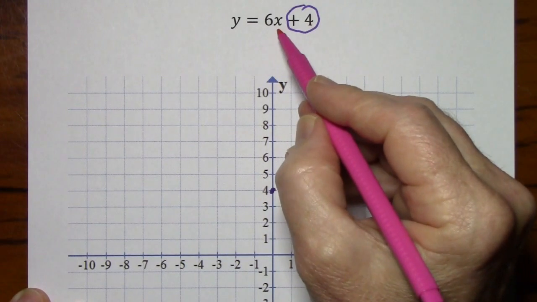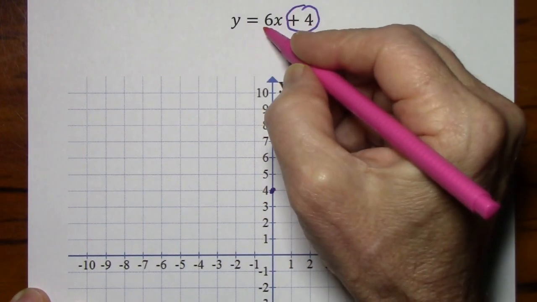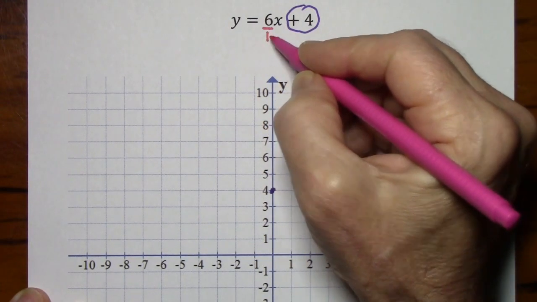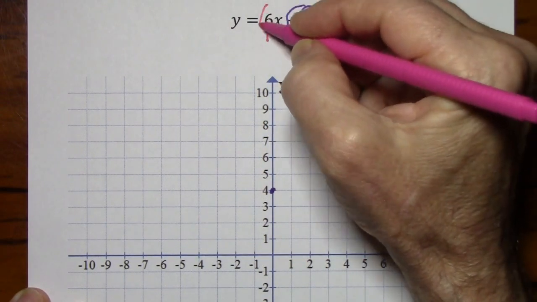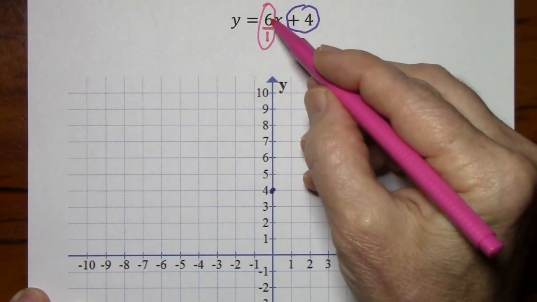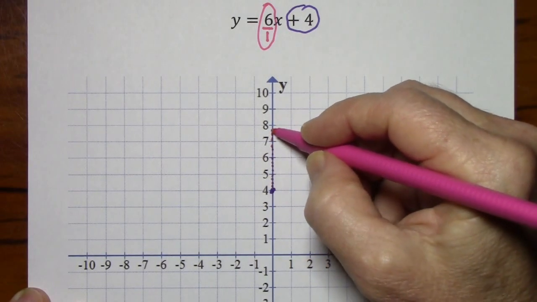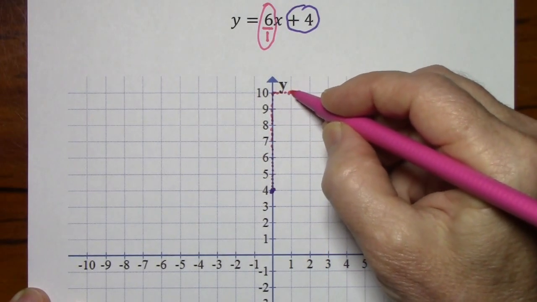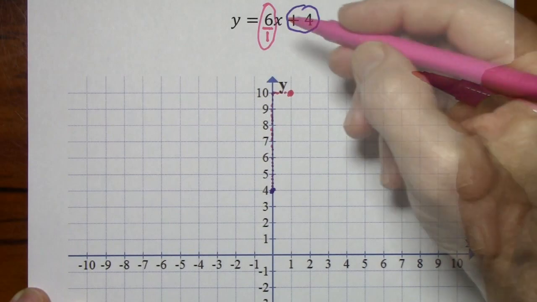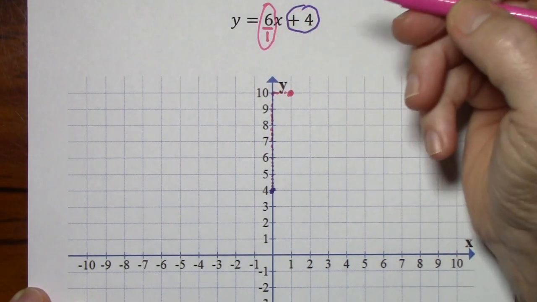The slope is sitting in front of the x. It's easier to read if it's a fraction, so you can turn it into a fraction if you like. Up 6 over 1. And put a dot. This is a positive slope, up 6 over 1.